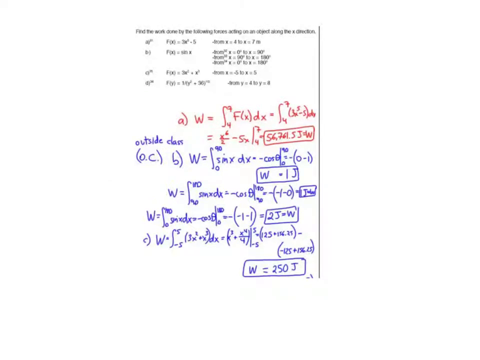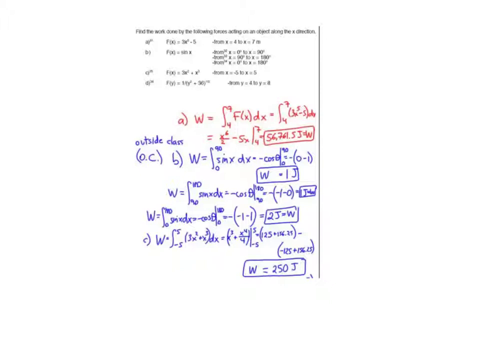This particular slide demonstrates how forces that are functions of position can be used to determine the work done by this force when an object moves from an initial position to a final position. And so the functions are different functions of x, and of course the amount of work done is simply the integral of F dot dx.